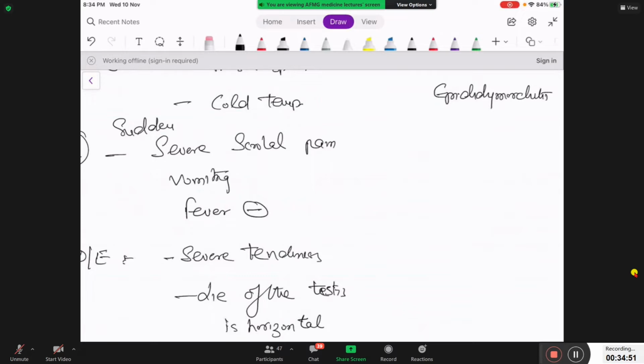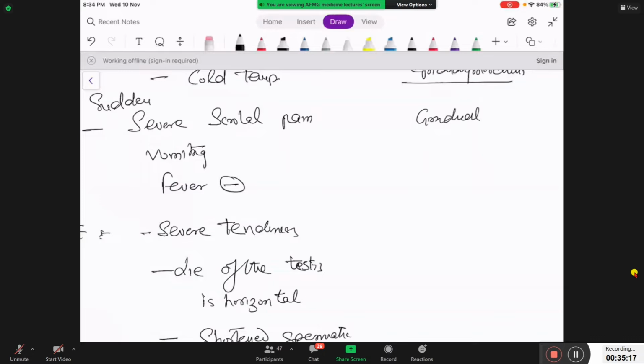Now, on the basis of a clinical profile, how are we going to make out whether we have to think in the direction of epididymo-orchitis or testicular torsion? In case of epididymo-orchitis, first of all, the pain will have a gradual onset.